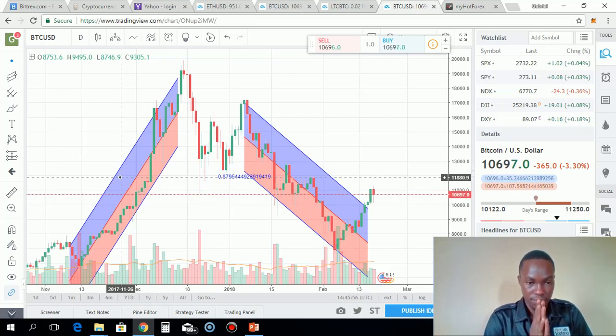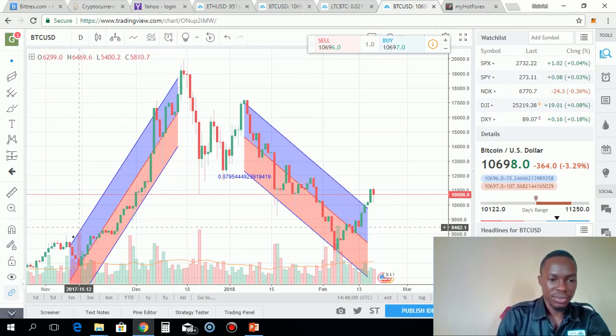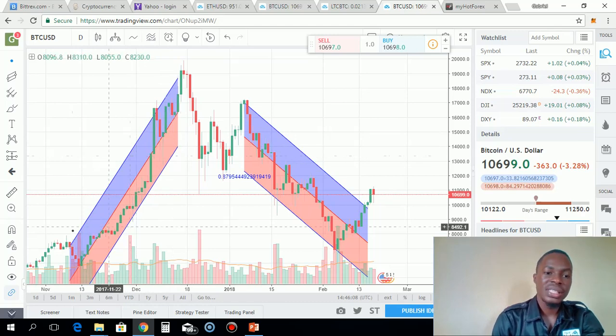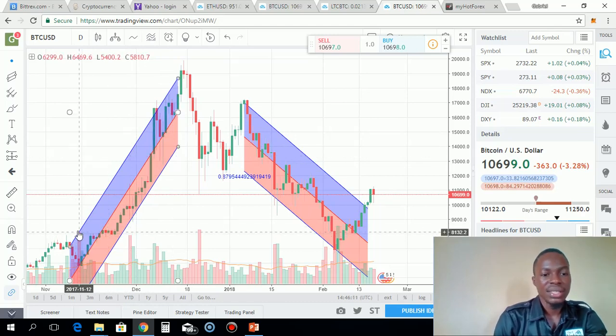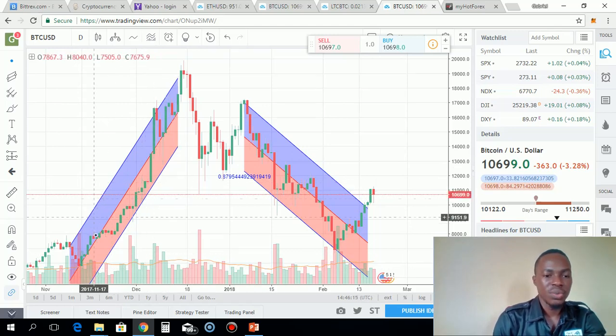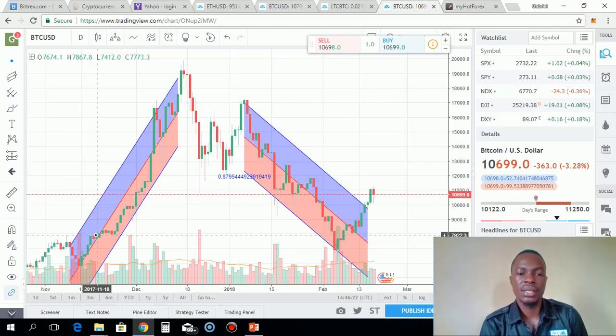So these two lines I've drawn, connecting the upper part of these candlesticks and connecting the lower part of these candlesticks, can be known as a channel, since price is respecting this resistance line and this support line. So once price trades between two resistance and two support lines in a trendy fashion, it is said to be trading within a channel.